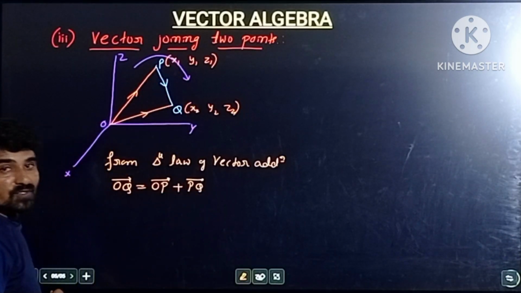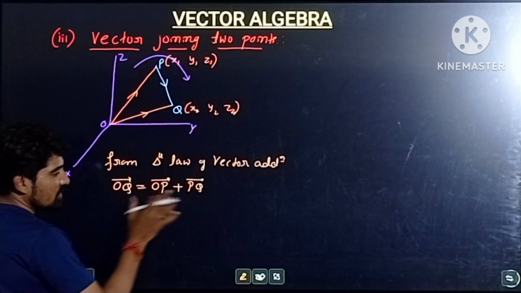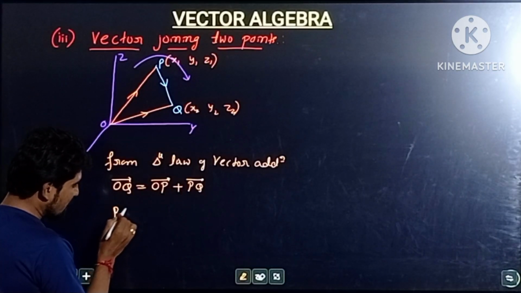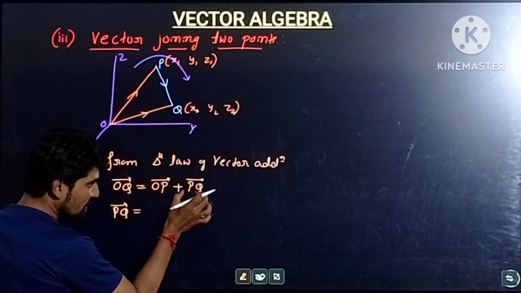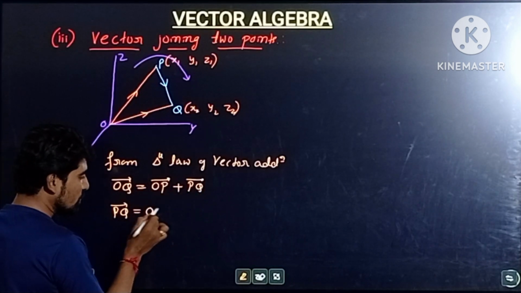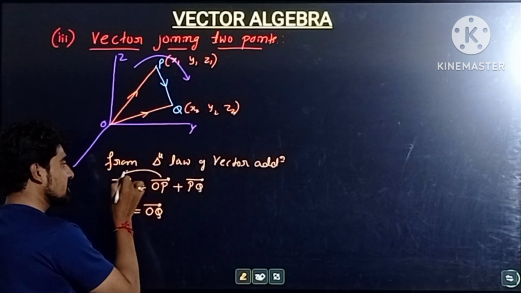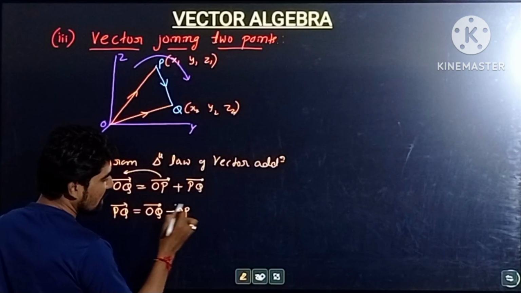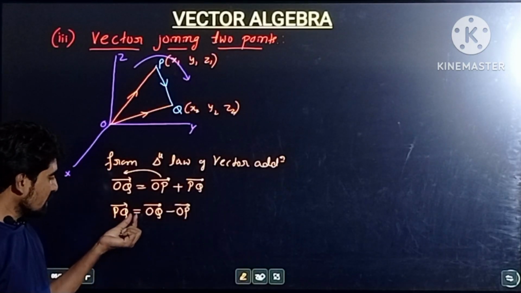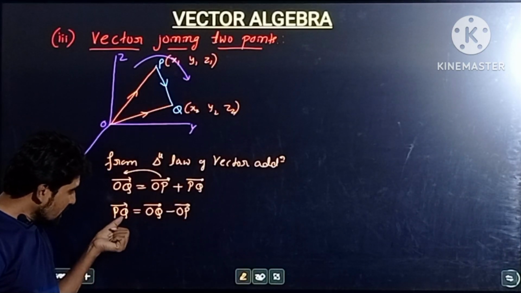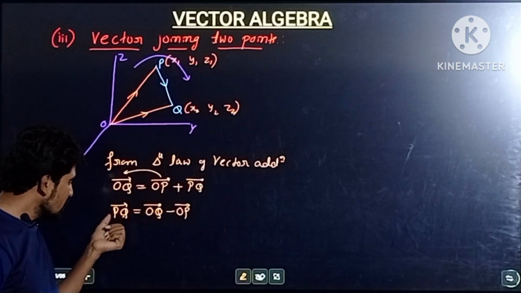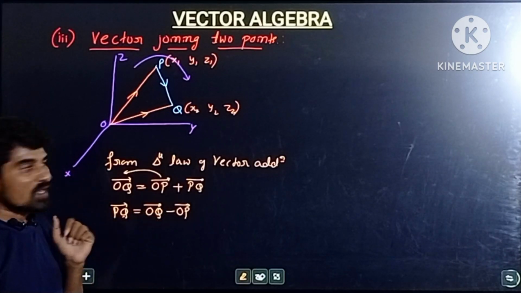I hope all of you understood. So we need PQ vector. From this equation we can write PQ vector is equal to OQ vector minus OP vector. See here, PQ vector is equal to position vector of the terminal point minus position vector of the initial point.